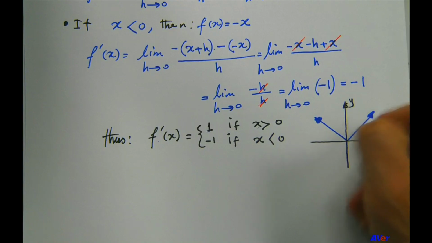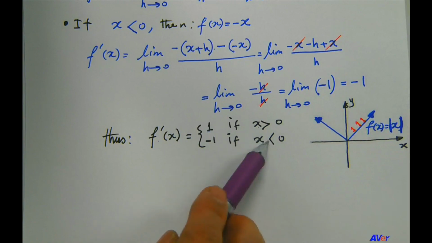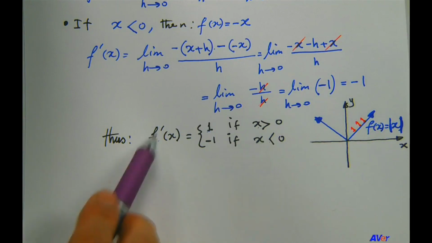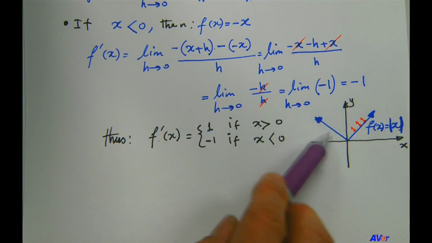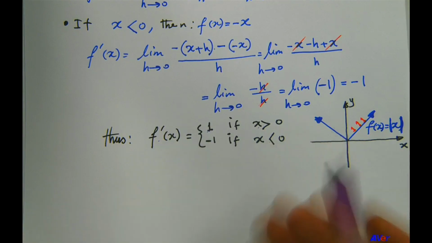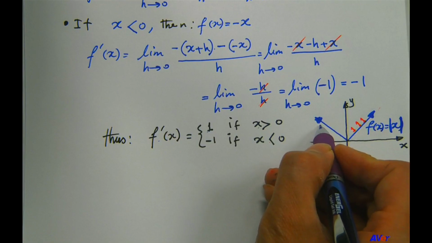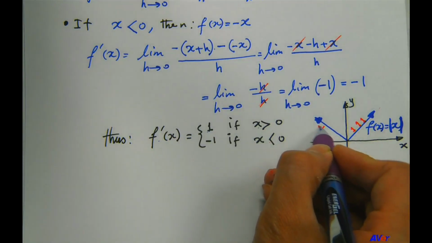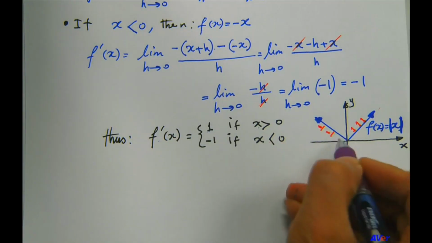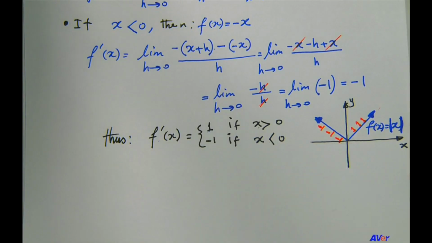The slope of this line would be 1, 1, 1, going that way, uphill. But for x values less than 0, the slope of the tangent line to that curve would be negative 1. And it's constant because these are straight lines, right? So that would be negative 1, negative 1, negative 1, and so on.